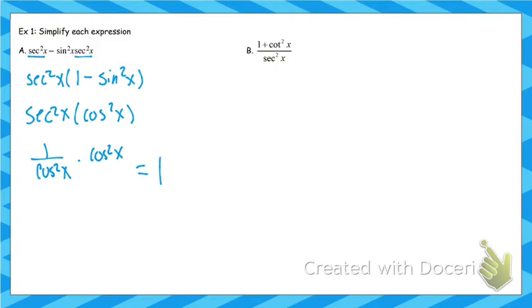All right, the next one, it'll be pretty easy if you look at those Pythagorean identities. So look back up at your Pythagorean identities. 1 plus cotangent squared is cosecant squared. Well, now we can rewrite this. This is cosecant squared divided by secant squared. Let's write each of them in terms of sines and cosines.